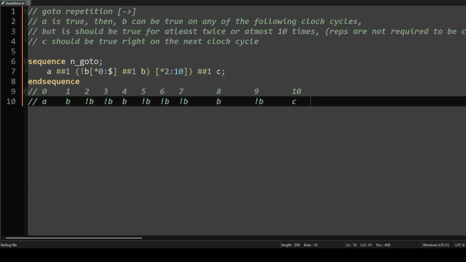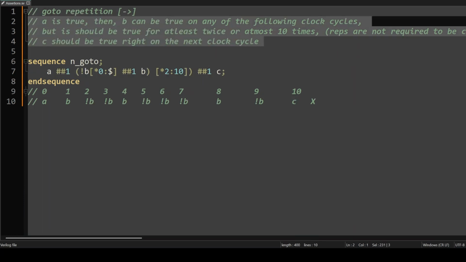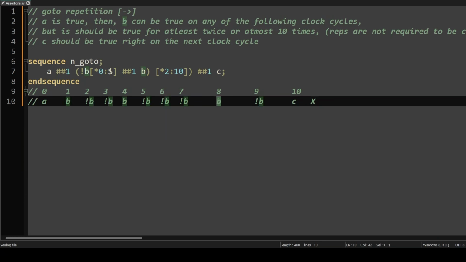Then this assertion does not pass. It fails. Because as per our assertion, it is a requirement that after the last B is detected, right on the next clock cycle, we should detect a true C. So let's just assume that this will pass.